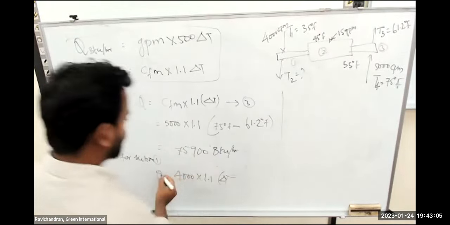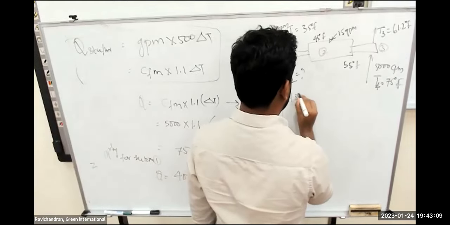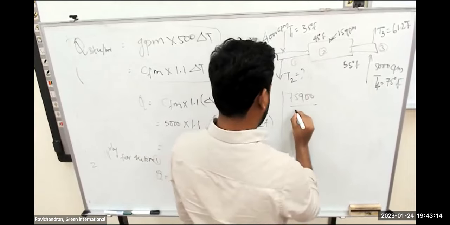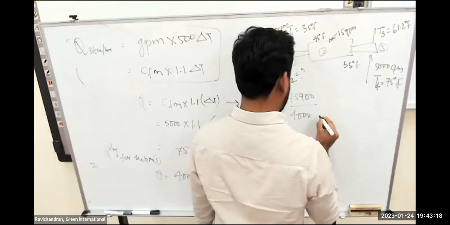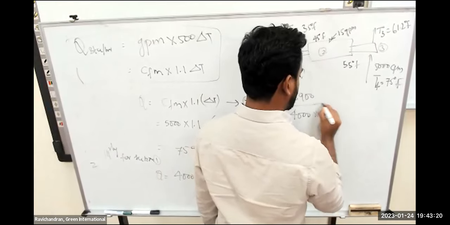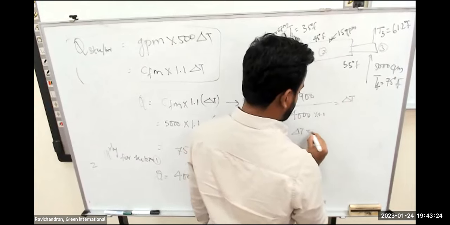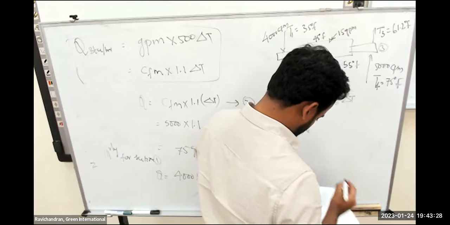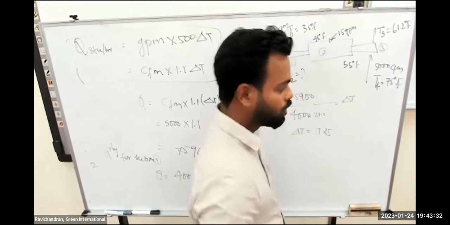So instead of Q, I can substitute 75900 divided by 4000 times 1.1 is equal to delta T. Delta T is equal to 17.25.